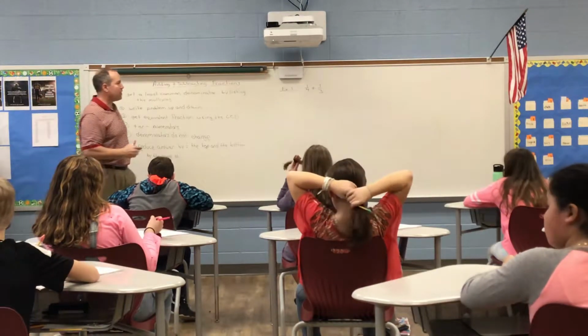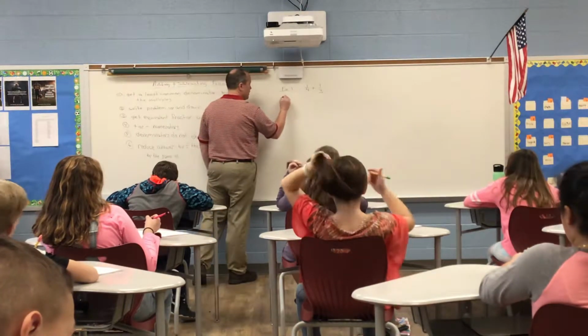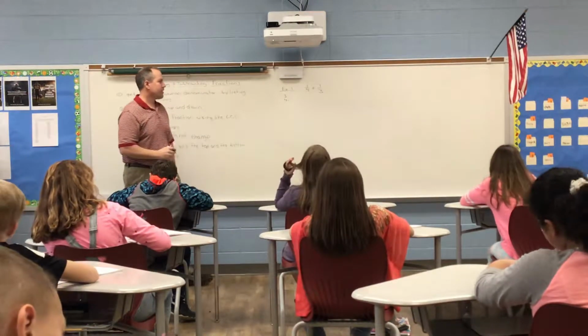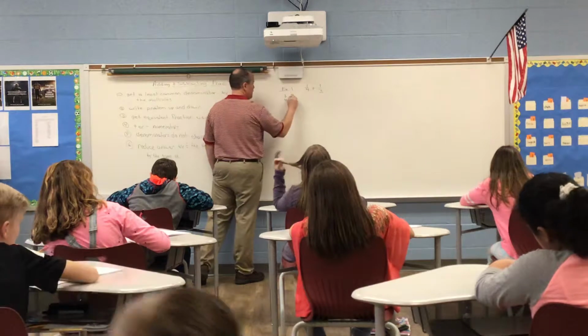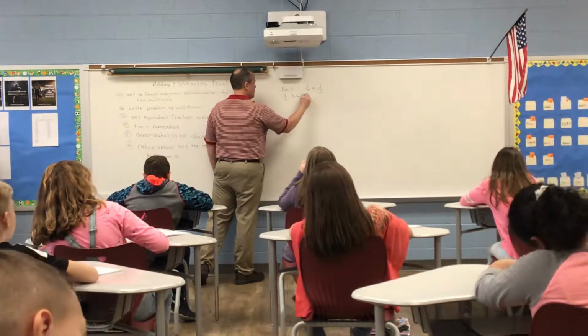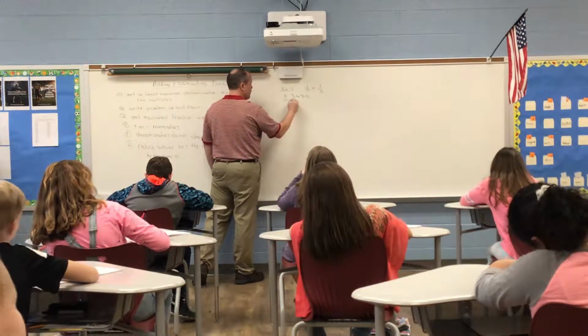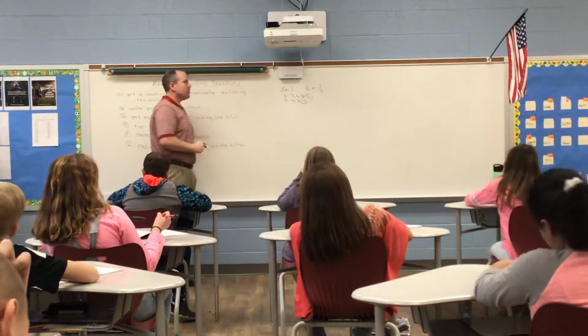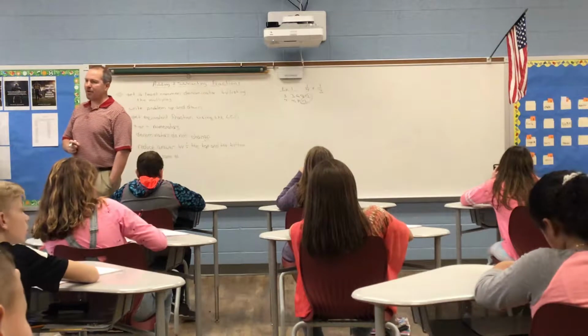We're going to find the least common multiple. So we list the multiples of 3 and 4. Multiples of 3 are 3, 6, 9, 12. Multiples of 4 are 4, 8, 12. 12 is our least common multiple, making that our common denominator.